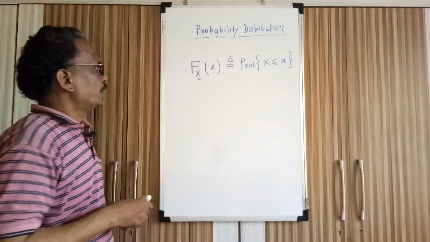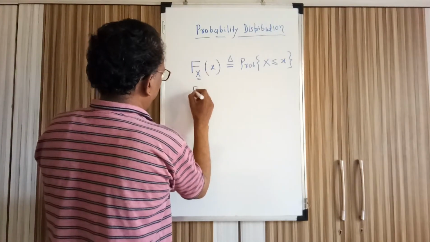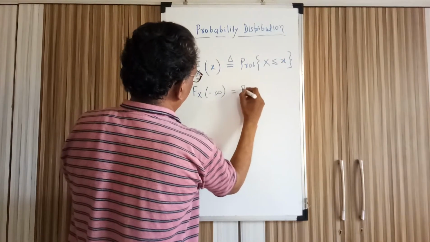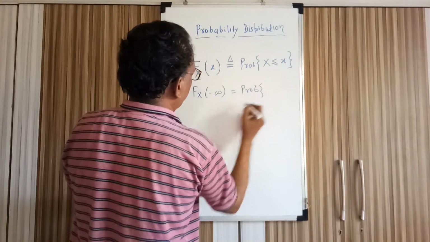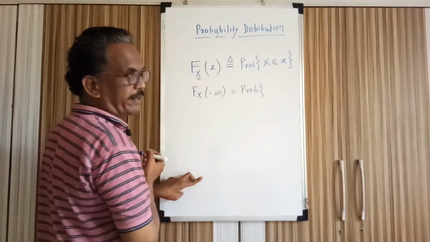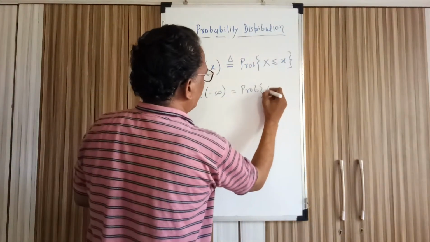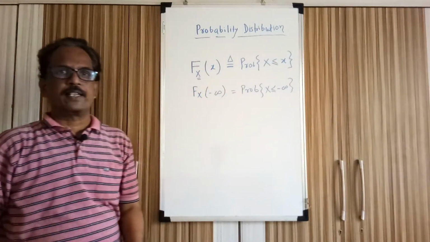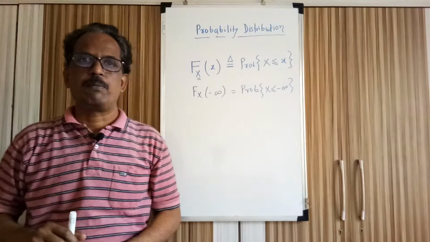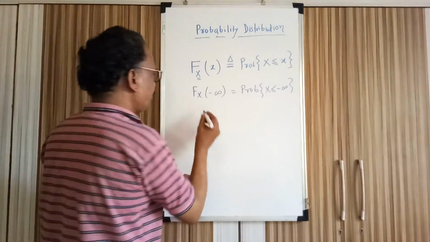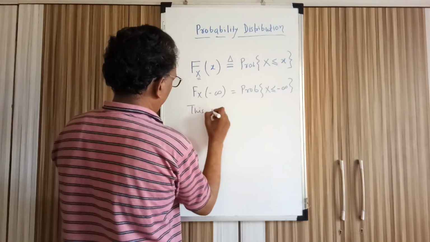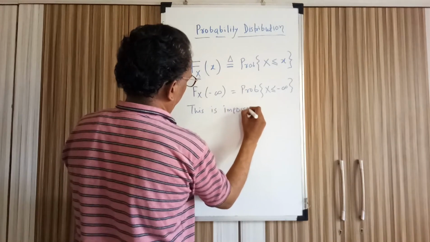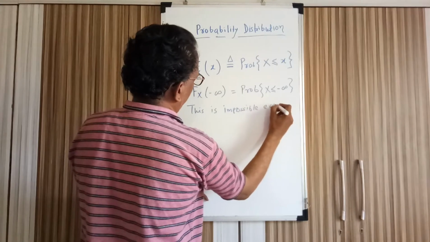So if I write F_X of minus infinity, from the definition of probability distribution function, small x is taking value minus infinity, so it is the probability that random variable capital X is taking value less than or equal to minus infinity. This is an impossible event, right?